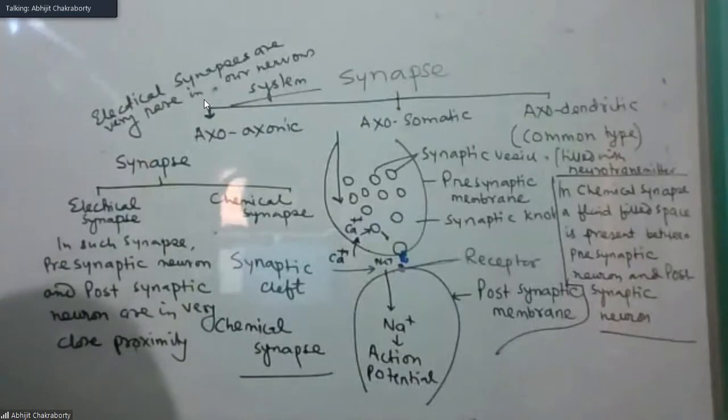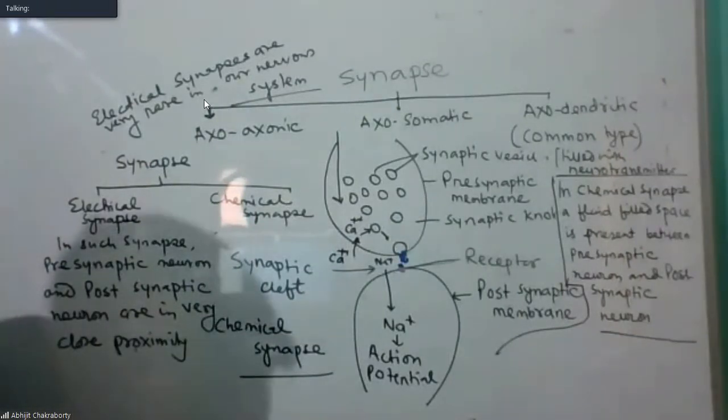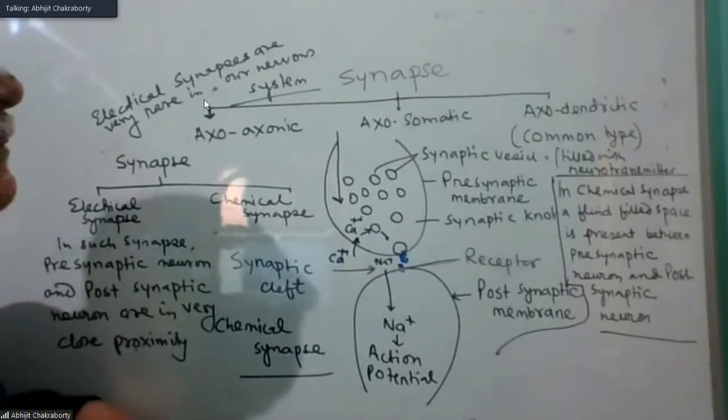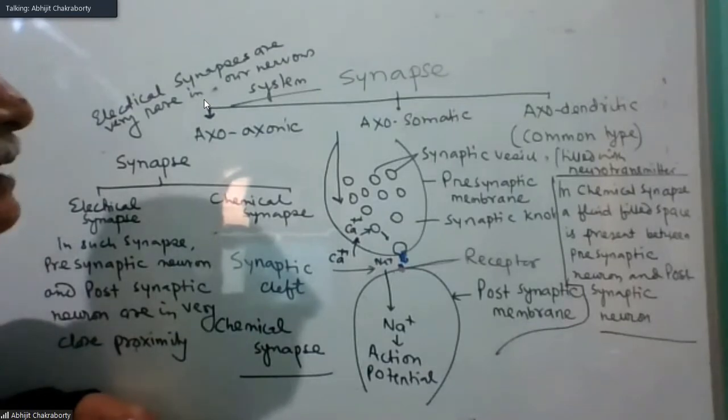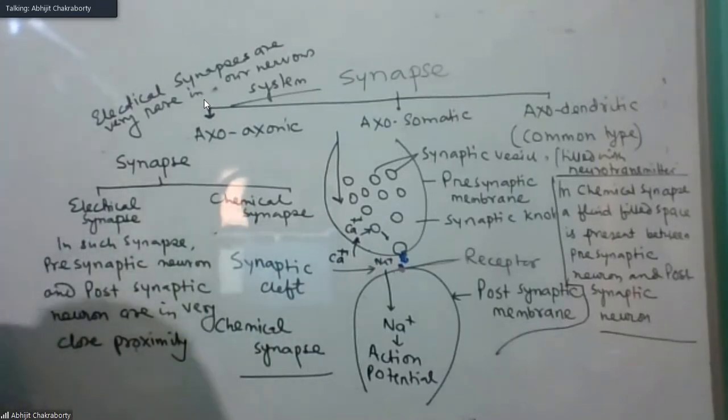Look here. In chemical synapse, a fluid-filled space is present between the presynaptic neuron and postsynaptic neuron.